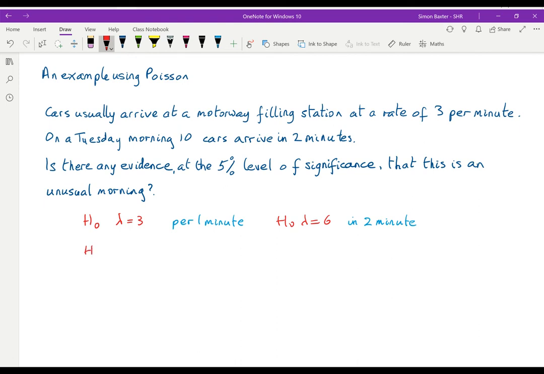H1, the alternative hypothesis, unusual. It's going to be unusual if lambda is not equal to 3. It's going to be unusual if lambda is not equal to 6.